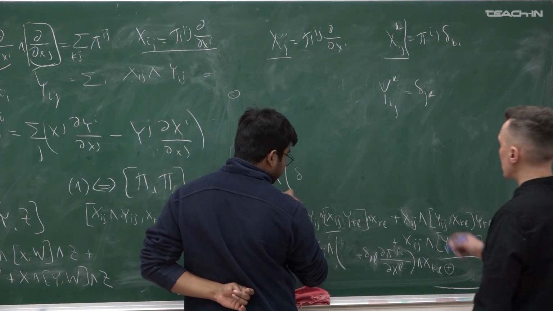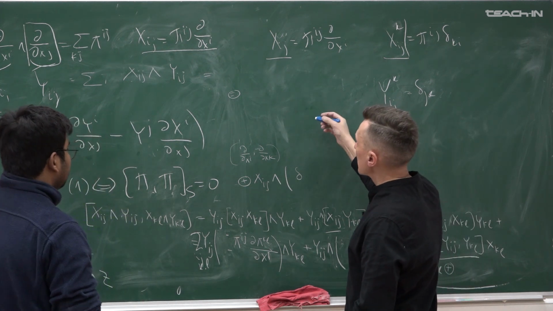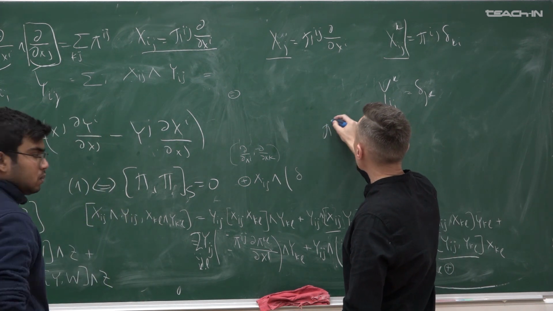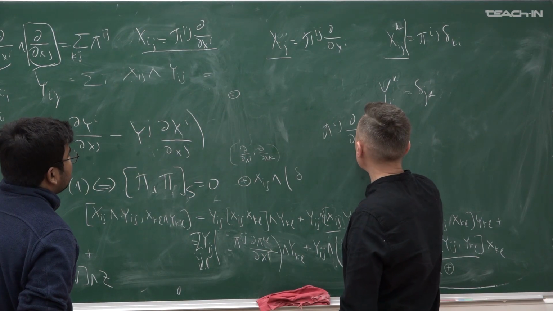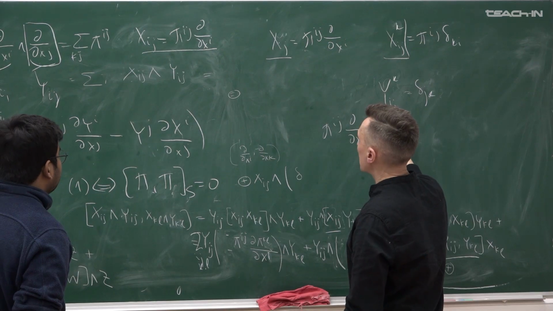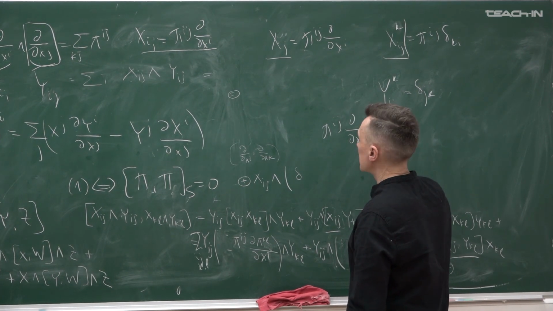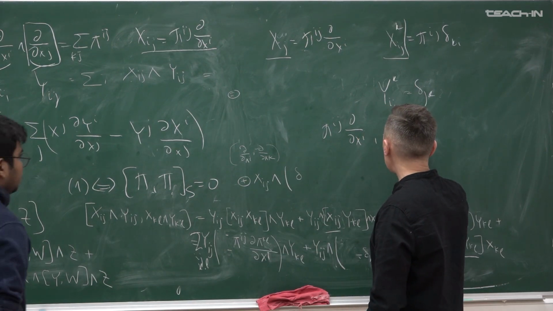It is certainly more convenient to write it just in coordinates. So you have to calculate, for example, pi ij d over dxi with d over dxl.